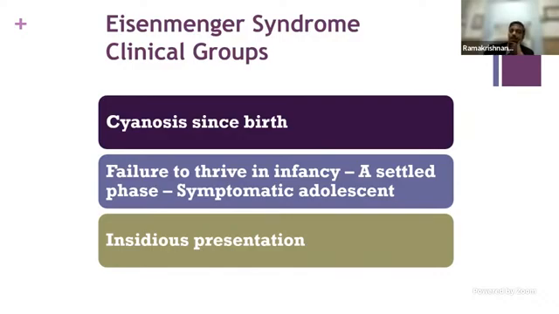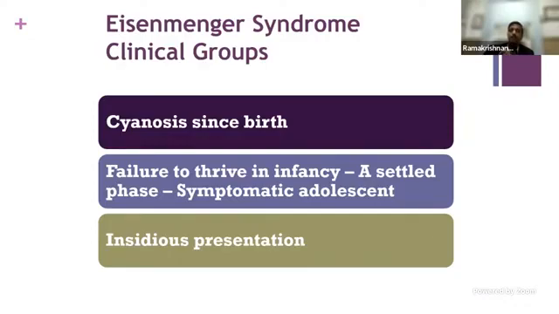The middle one that I've written is the one we commonly have a concept of. But various series from India have clearly documented that around 30 to 40% of patients have an insidious onset presentation. They are never diagnosed to have a VSD in life, or never told to have recurrent respiratory tract infection. They just present to you in adolescence with symptomatology suggestive of Eisenmenger syndrome.